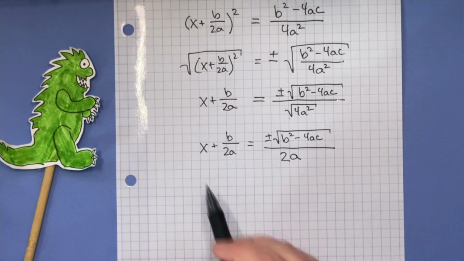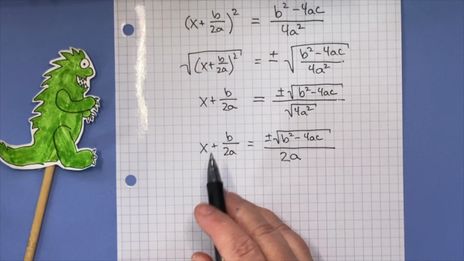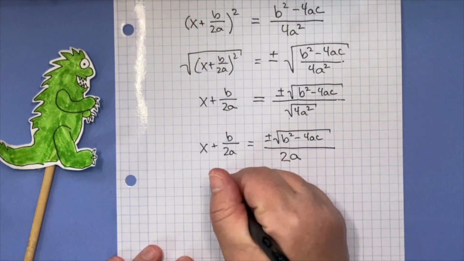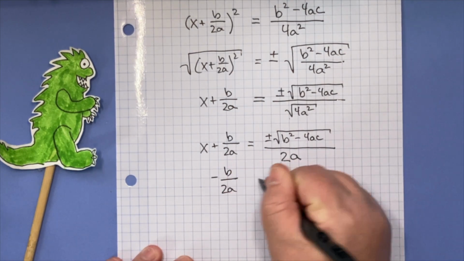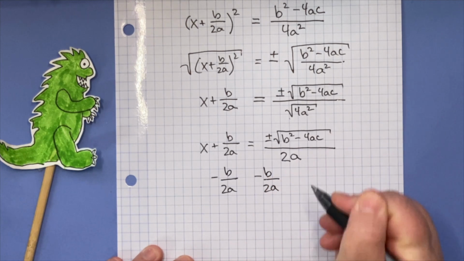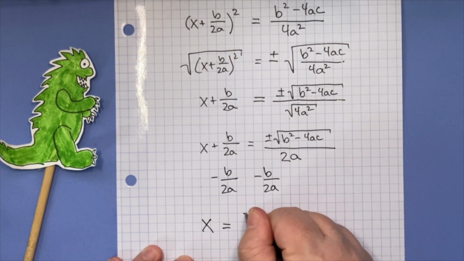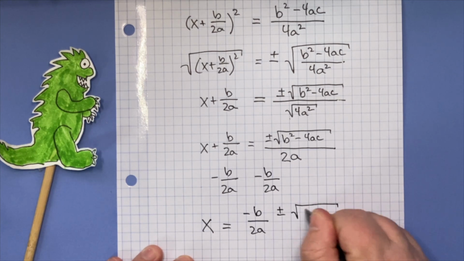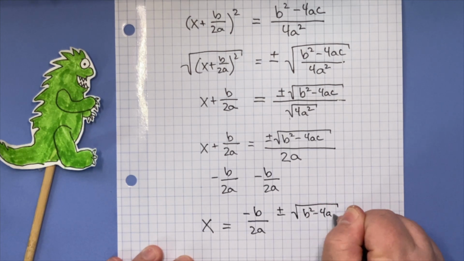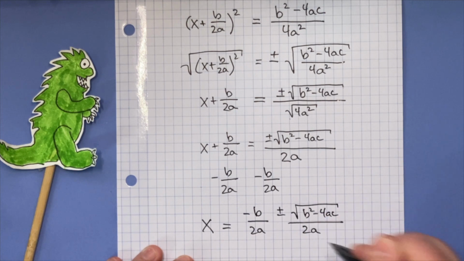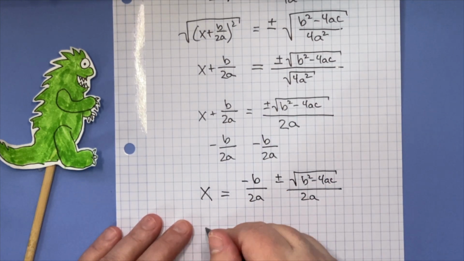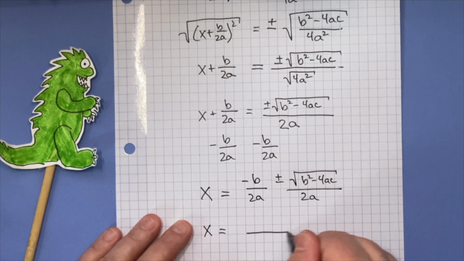And the last thing is I want to solve for x. So I want to subtract b over 2a from both sides. And my last step is going to be to combine these two fractions since they have a common denominator.